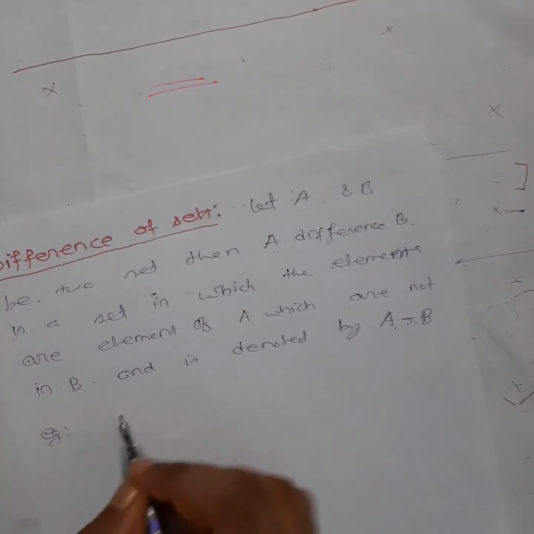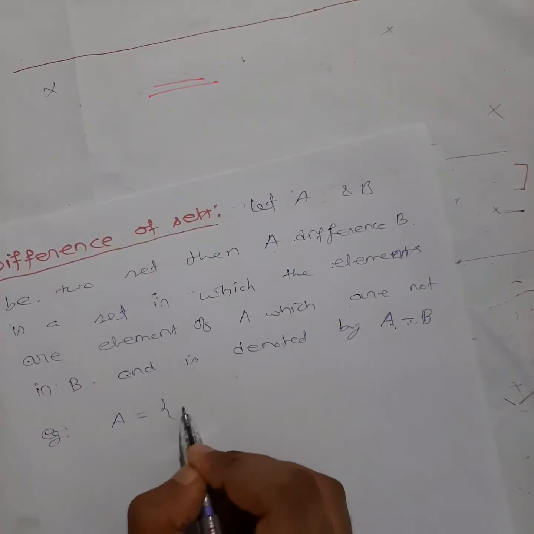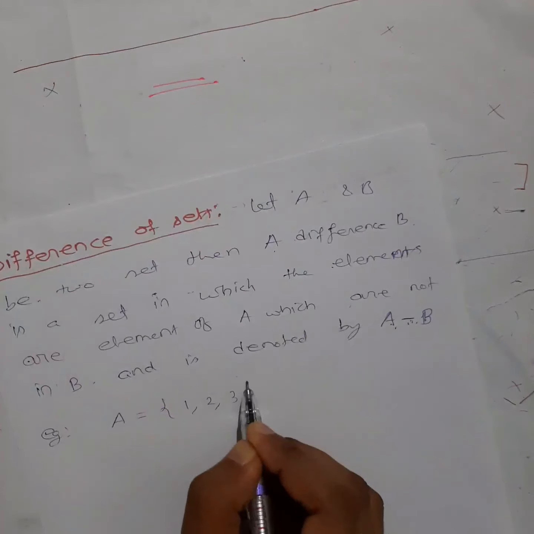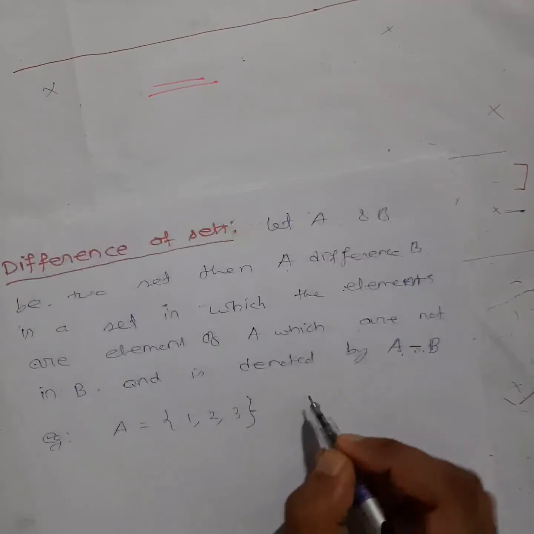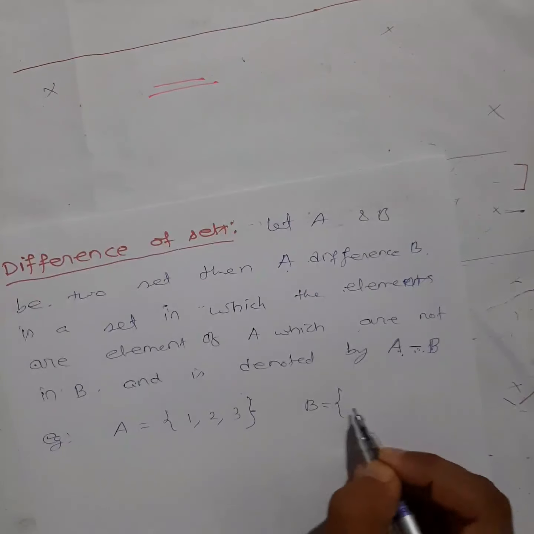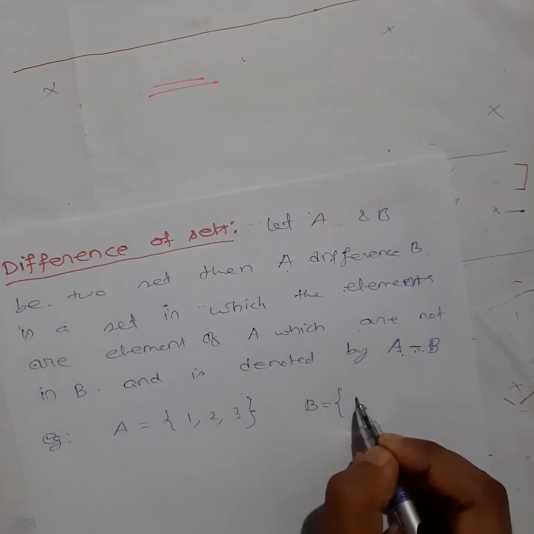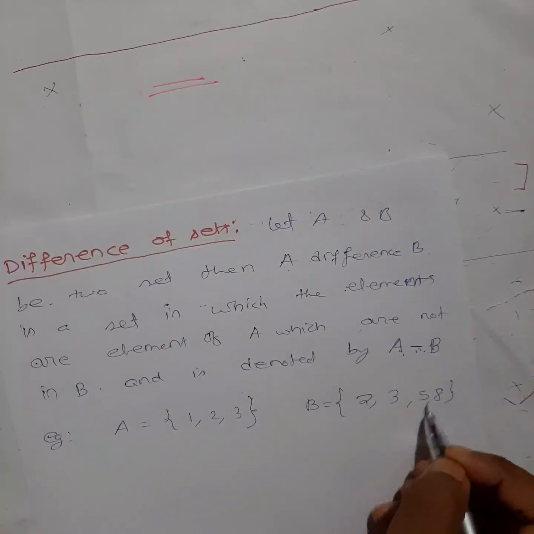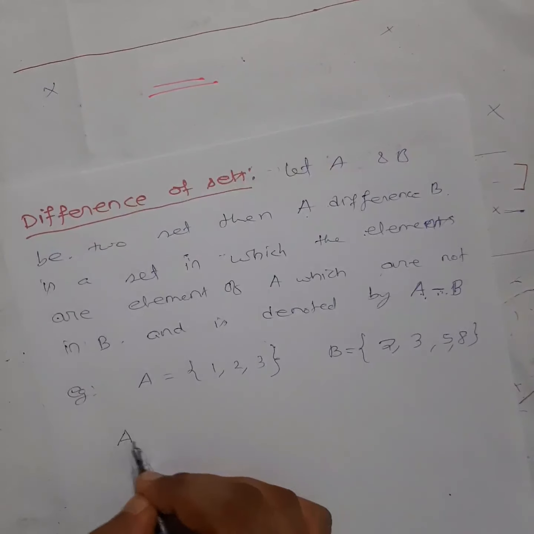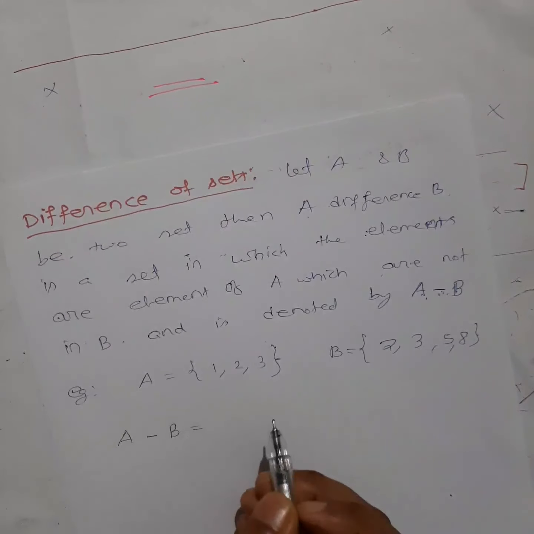Example I will give. Suppose A is a set 1, 2, 3. What was the element we have taken previously? 1, 2, 3 only, right? Okay, same example I am taking. B having elements 2, 3, 5, 8. So what is A difference B?